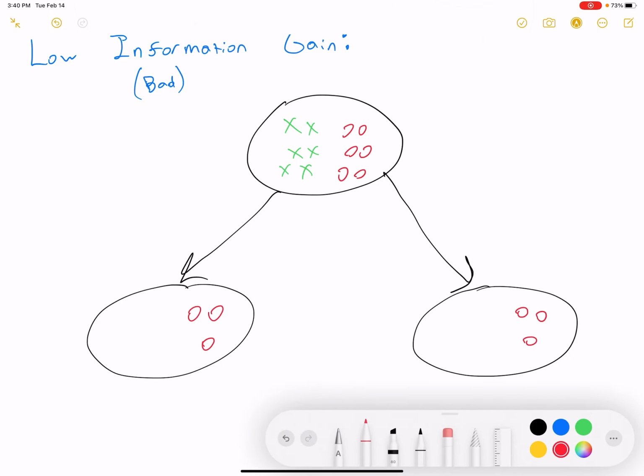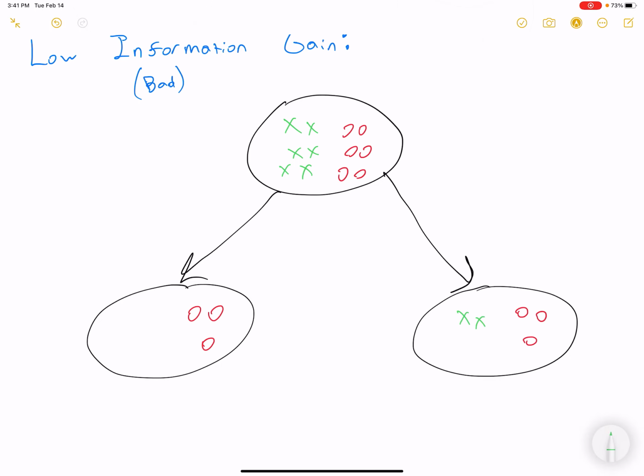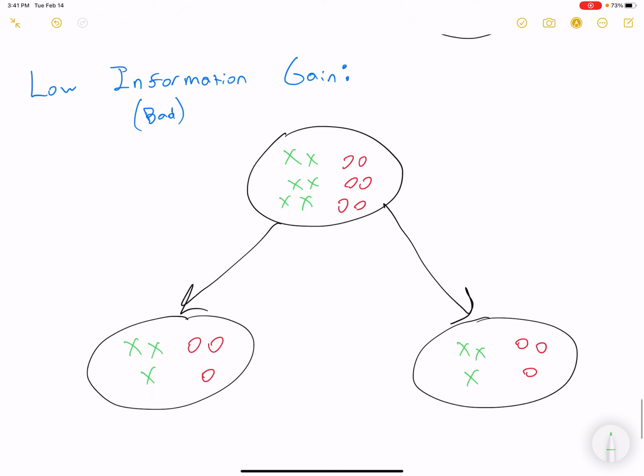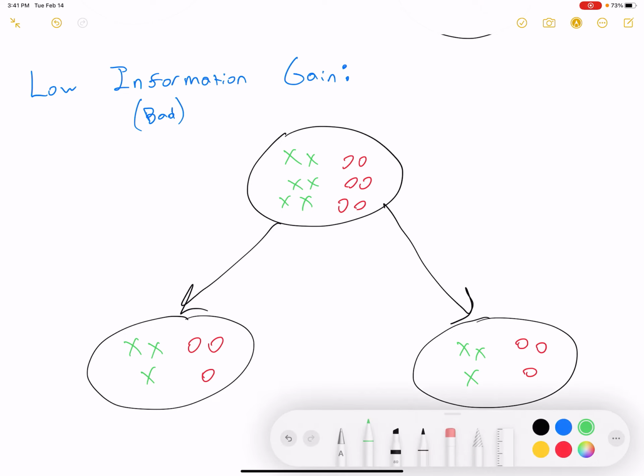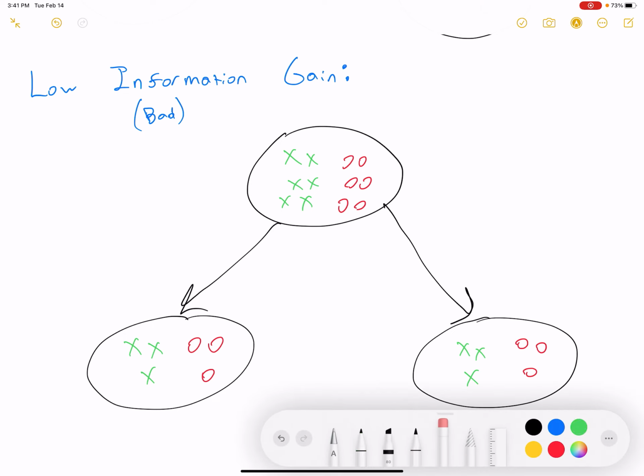We don't really get much information about how the class that we're trying to predict differs. So this is a bad split. It's low information gain. We split on that variable. It doesn't really tell us much about how the two categories differ. So that's kind of the high level idea.